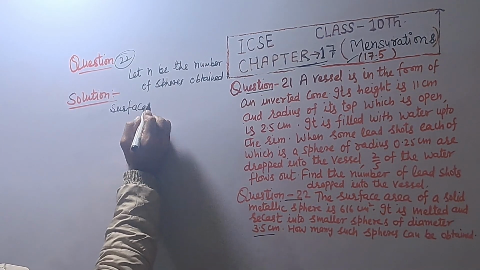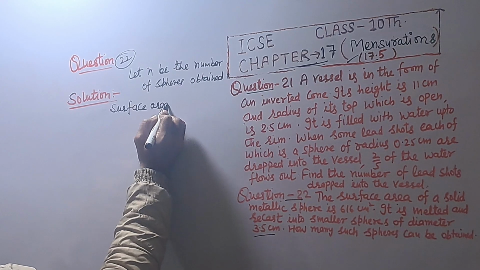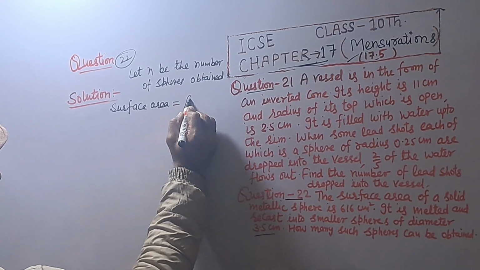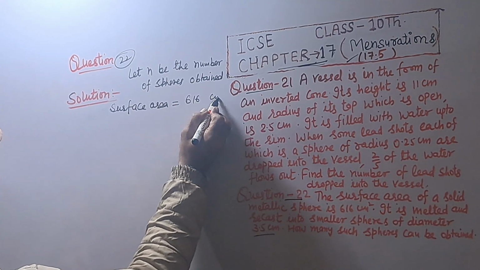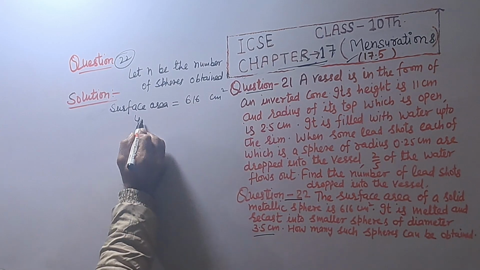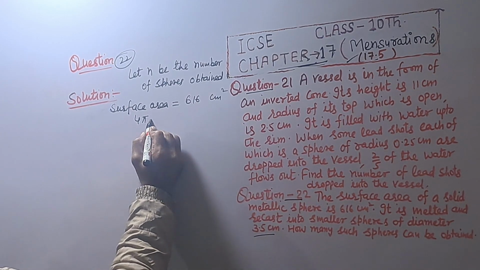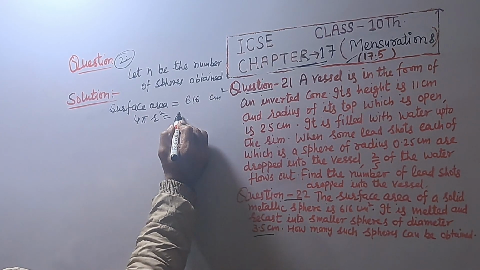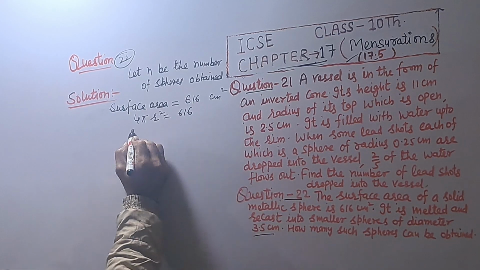Surface area of sphere equal to 616 centimeter square, that is 4 pi r square equal to 616.